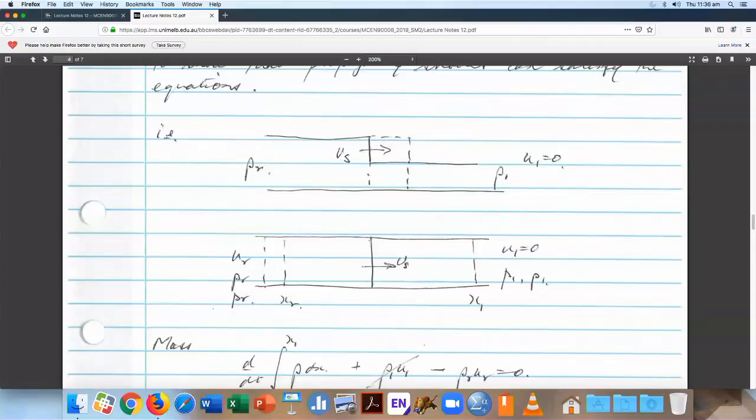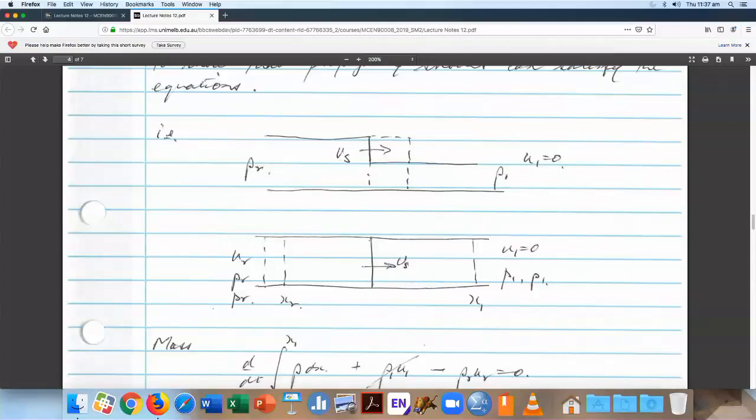So here I'm going to suppose that I have a velocity of the gas u2, a density ρ2 and a pressure p2. And here I've got a density ρ1 and a pressure p1, but the fluid's not moving, but the shock wave is moving. All right?